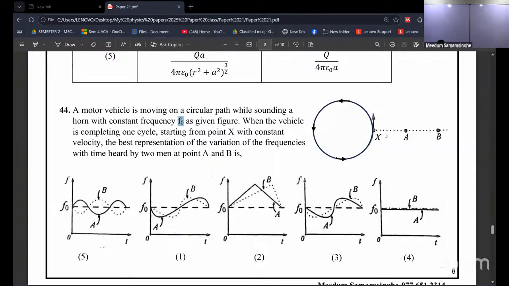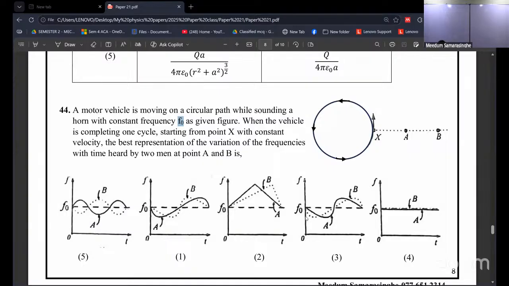At this point, the velocity is perpendicular to both A and B. At the beginning, the relative velocity is zero in this direction, so the apparent frequency and the true frequency are the same, right? So at this point, both A and B will hear the sound at the same frequency. Every graph shows that one.